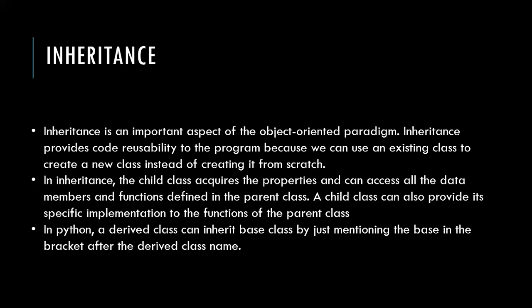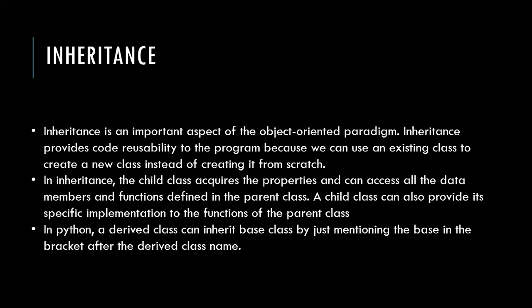So what is inheritance? Inheritance is an important aspect of object-oriented programming. Inheritance provides code reusability to the program because we can use an existing class to create a new class instead of creating it from scratch. That means inheritance is like, for example, whatever assets my father has, a house, a car, everything, will come to me, right?